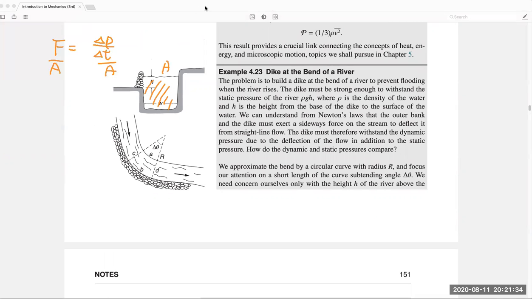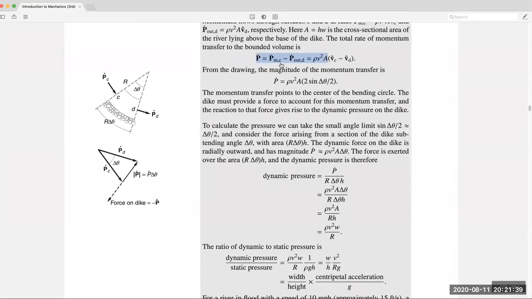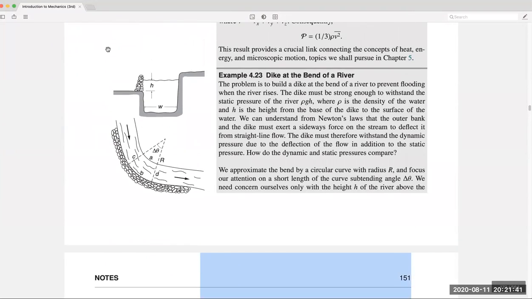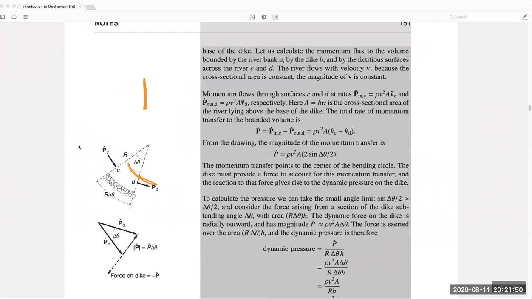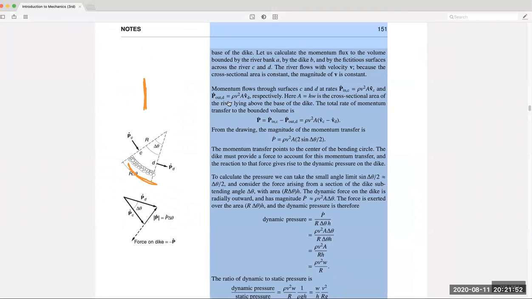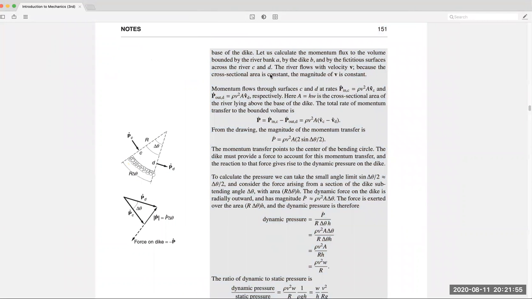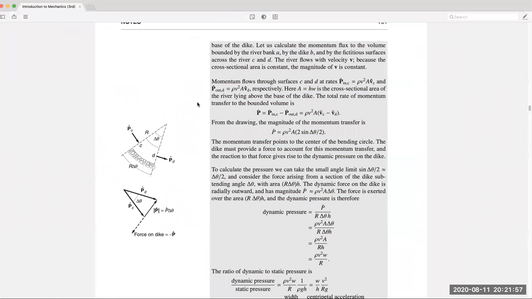Yes, we use the symbol A. But for the pressure, you need to divide by the area here, this length times the height. So just R delta theta H.